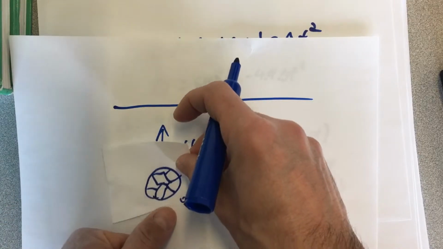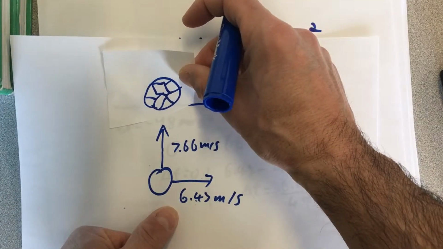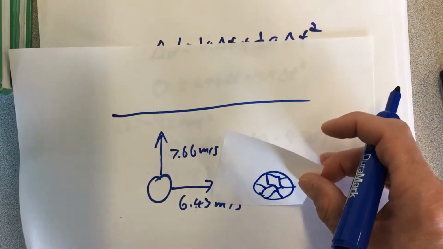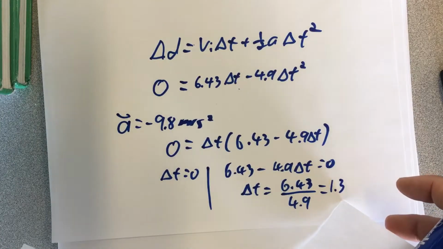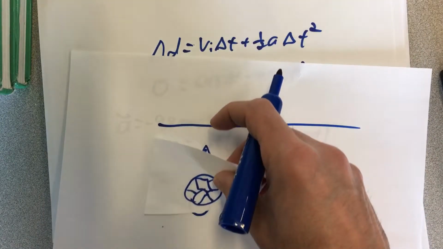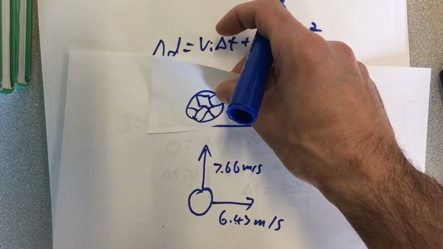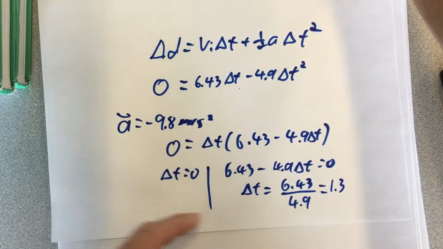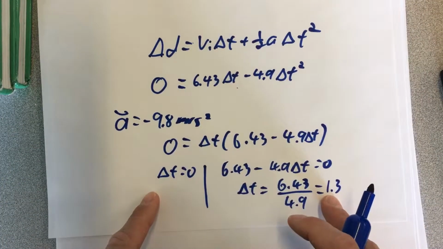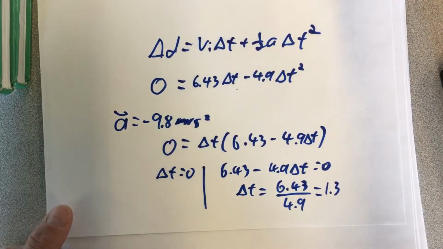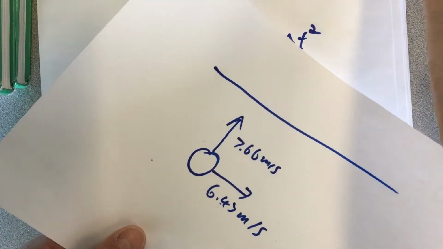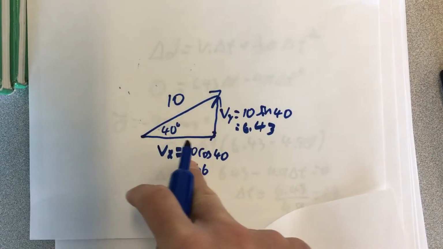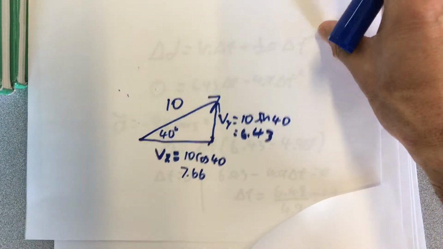If a ball is moving upward at 7.66 meters per second, regardless of whether or not it's moving forward, it will be in the air for 1.3 seconds, because the entire time it's in the air, it's being subjected to gravity and therefore accelerating downward at a rate of 9.8 meters per second. So I now know that the ball is in the air for 1.3 seconds. However, I also know from our original analysis of the triangle that it's got a forward velocity of 7.66 meters per second.